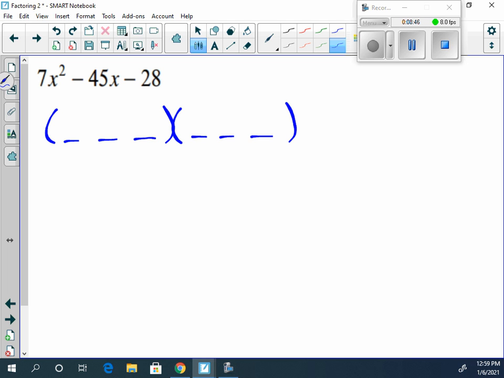So we'll just move on to our two sets of parentheses. So we have those with three spaces. So now we'll find the signs. Well, looking at the negative 28, because it's negative, the signs are going to be opposite. One's going to be positive, the other is going to be negative. So signs are opposite.